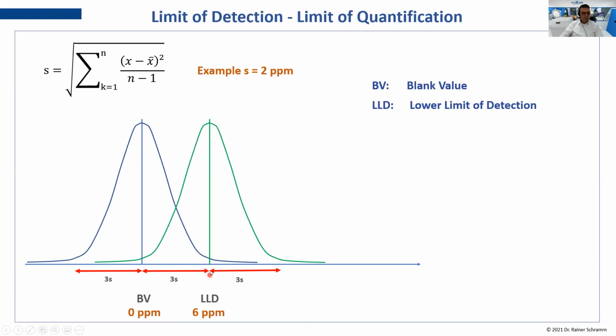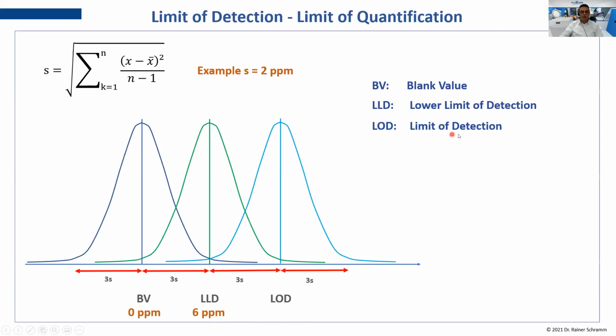So at 6 ppm, this would be our detection limit for this kind of example. When you want to talk about the limit of detection, this is where your method starts to work. Then you have to go another 3 sigma higher. So then we are around 12 ppm. That means that now all values are really distinguishable from the noise of the blank value.